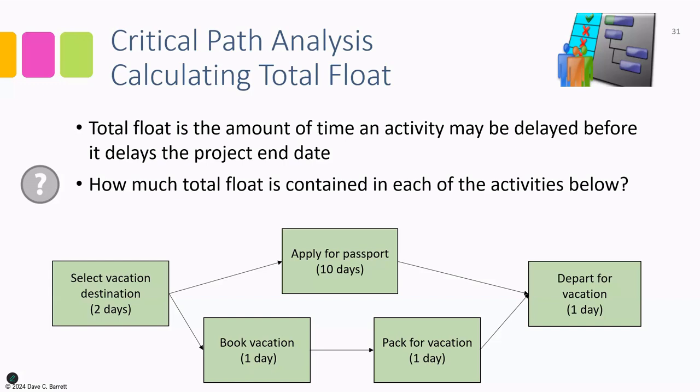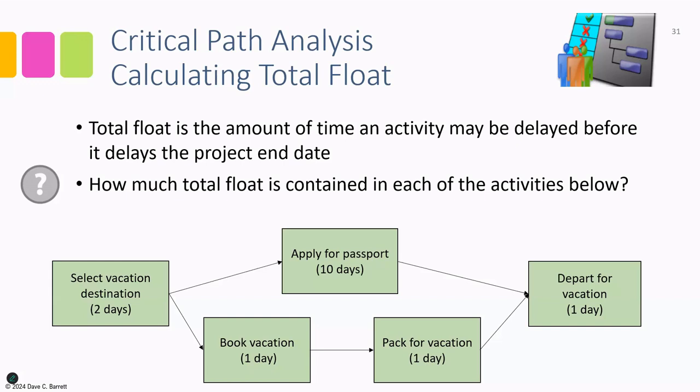So there is 10 days of duration while we do these 2 days of book vacation and pack for vacation. So that means that book vacation has 8 extra days that you can delay. You could delay book vacation by up to 8 days, and it wouldn't have any effect on the duration of the project because there's extra time. That means book vacation has 8 days of total float.